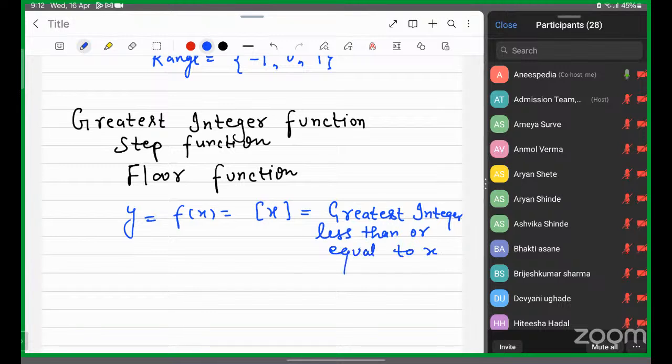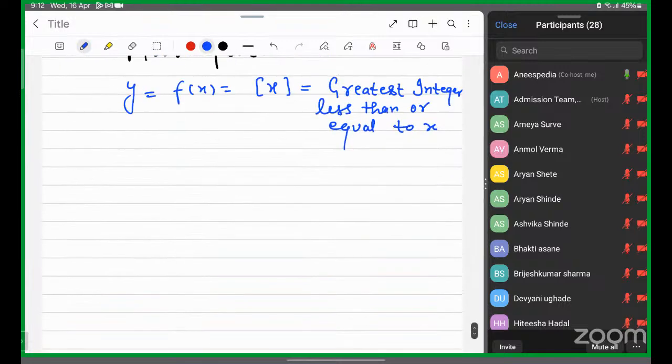Which means if I have, let's say, greatest integer 1.5, so this will be like this. If I plot 1.5, this will be somewhere here, and take all the integers which are less than 1.5.